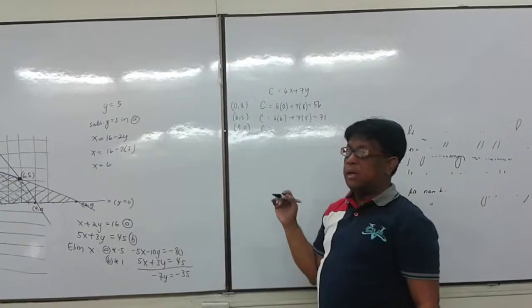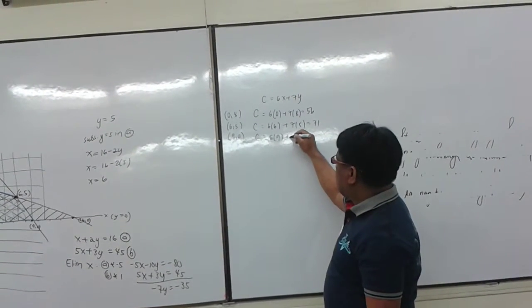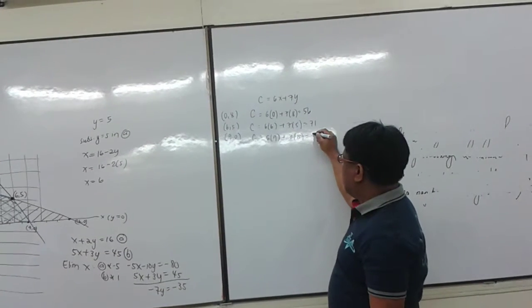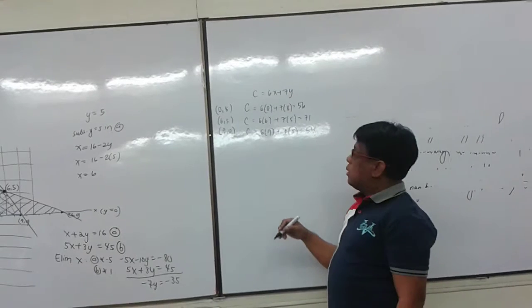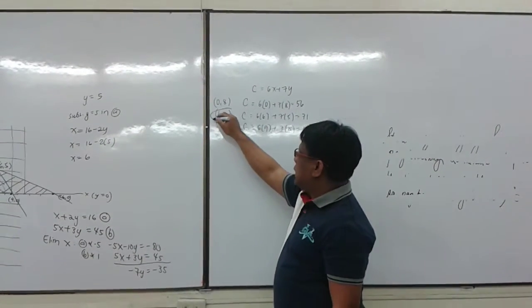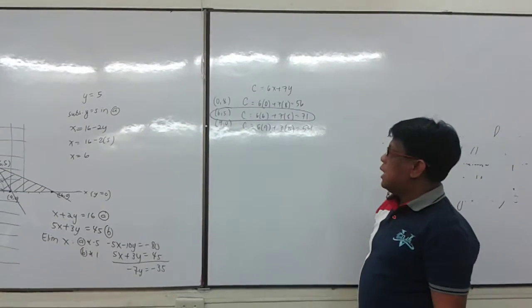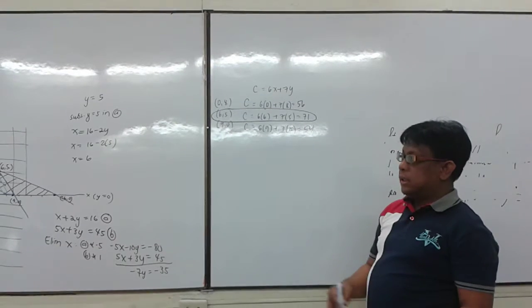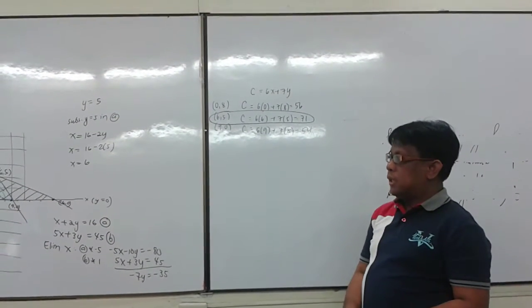Then the last one, the cost is 6 times 9 plus 7 times 0, and the result is 54. So what point gives us the maximum cost? It will be 6, 5. So close now your final answer. Any questions?